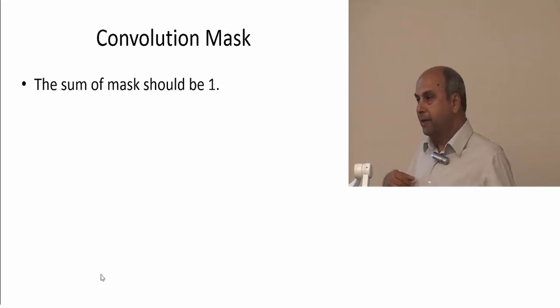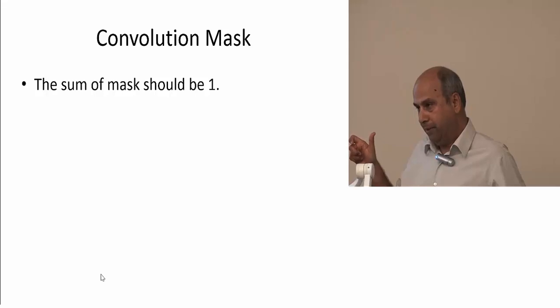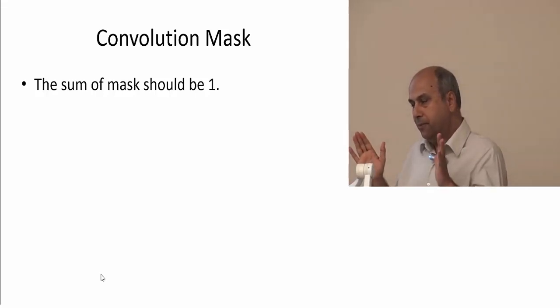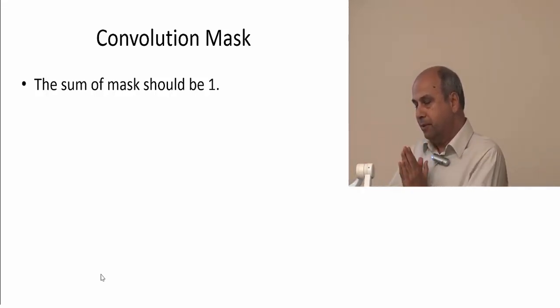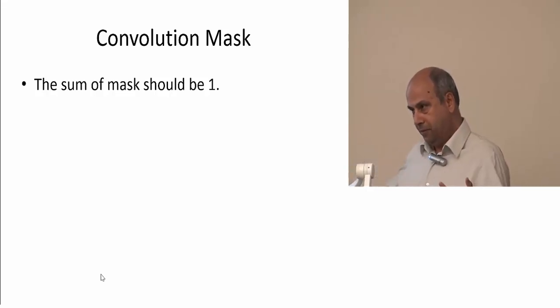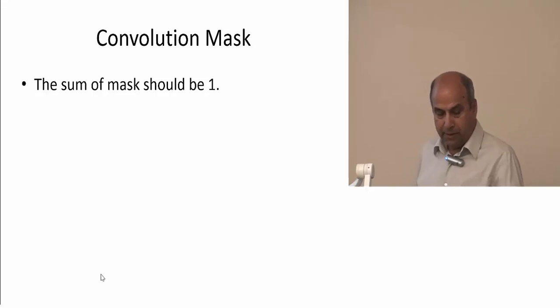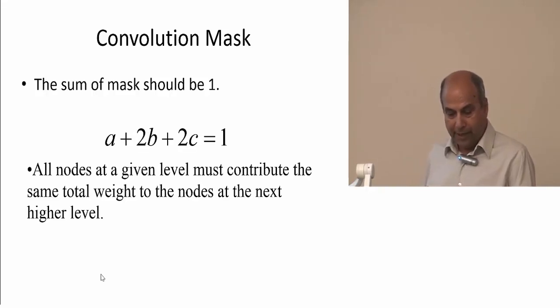Another constraint is that we want to sum these weights to 1, because it's easy: if you take an image with values between 0 and 255, you will end up with an image between 0 and 255 after filtering. So we want A plus 2B plus 2C equal to 1, because there are 2 B's, 2 C's, and 1 A.